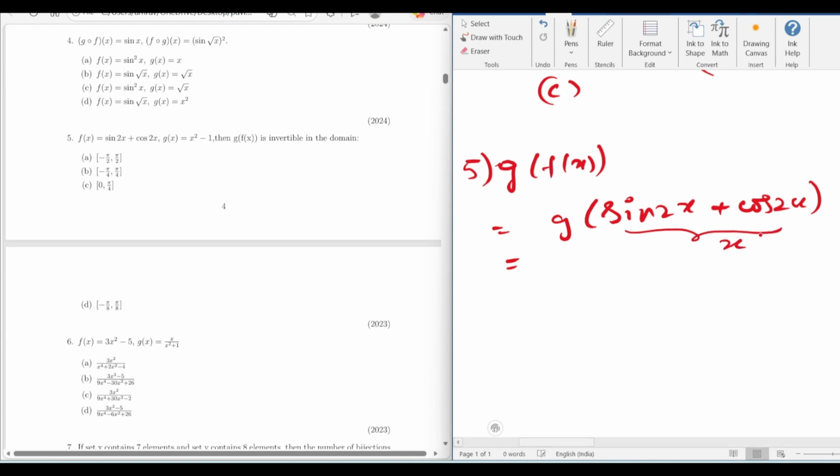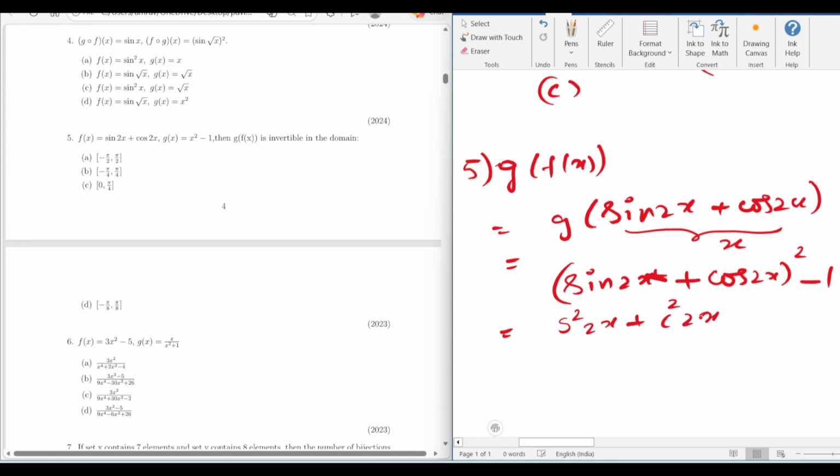So this complete thing acts as x. x square refers to sine 2x plus cos 2x whole square, minus 1. Now expand using the a plus b whole square formula: sine square 2x plus cos square 2x plus 2 sine 2x cos 2x minus 1.